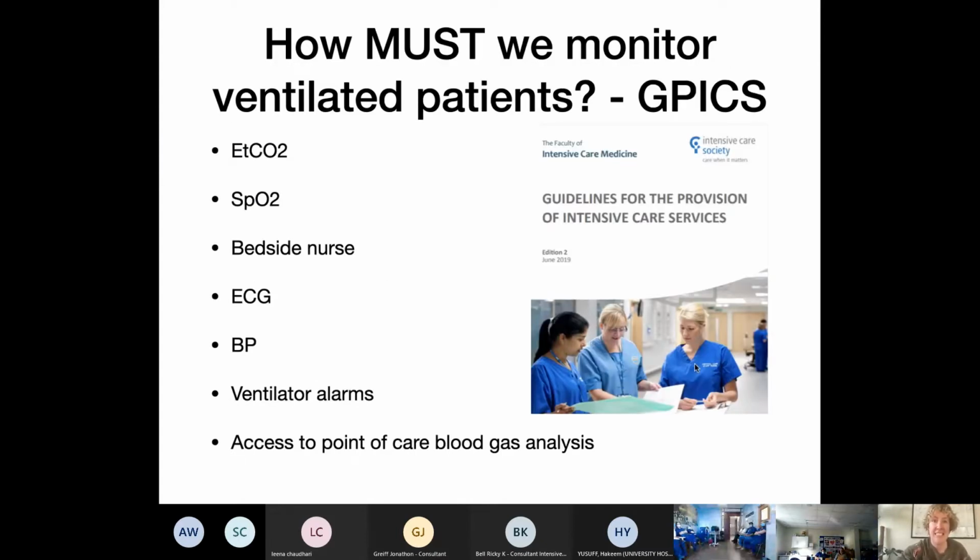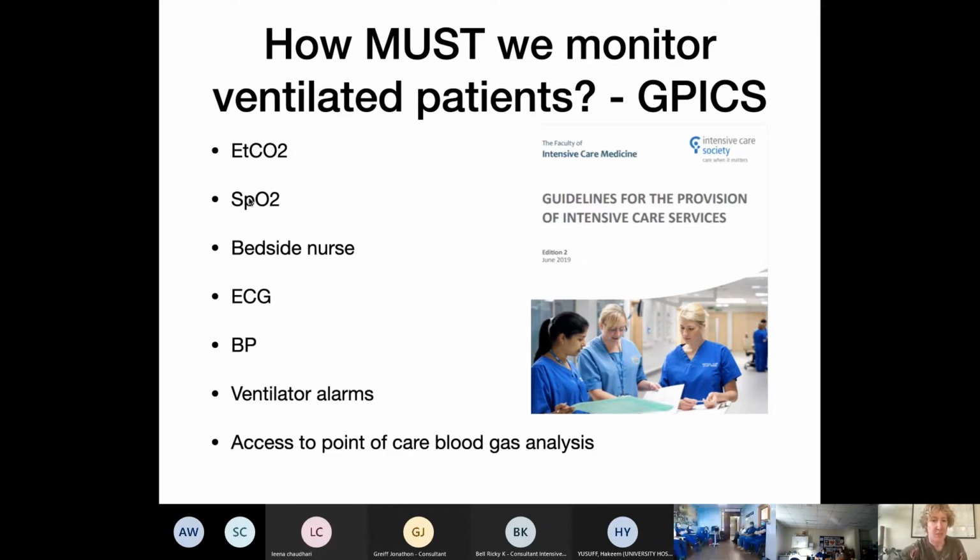Once somebody is ventilated, how must we monitor them? This is from the guidelines for the provision of intensive care services, which is a pretty comprehensive set of things that we should do to look after our patients. So end-tidal CO2 capnography is a waveform trace of the exhaled CO2, and it gives constant feedback that there is air travelling from the lungs out of the patient, implying that the tube or tracheostomy is patent.